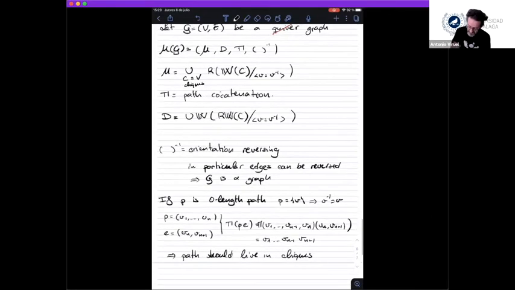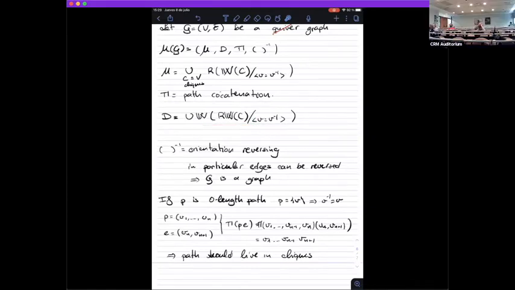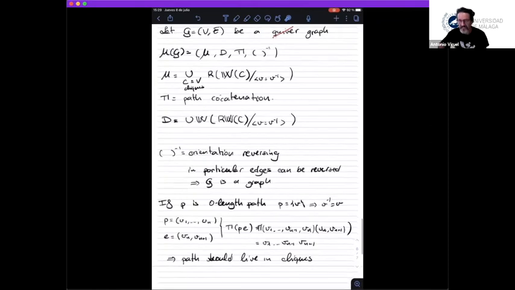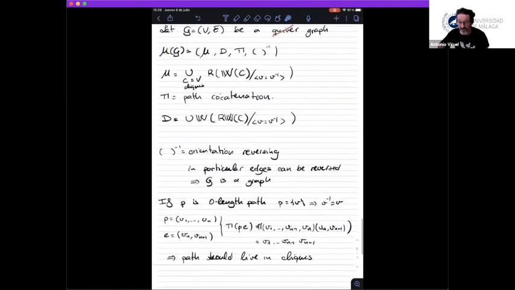Then, since these are just paths in a clique, that means that every two paths are concatenable in a complete graph. So we get this thing, but still, if you do this, you still can have inner conjugation, right?